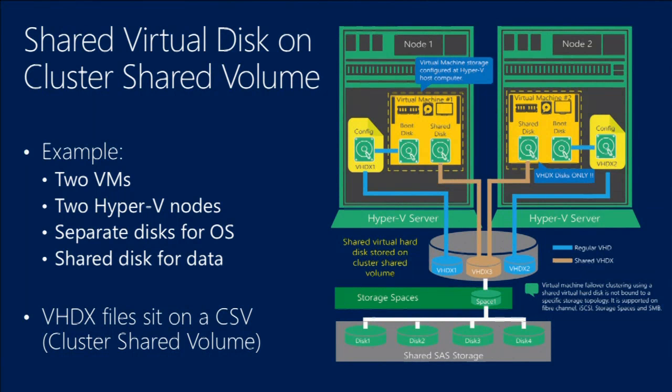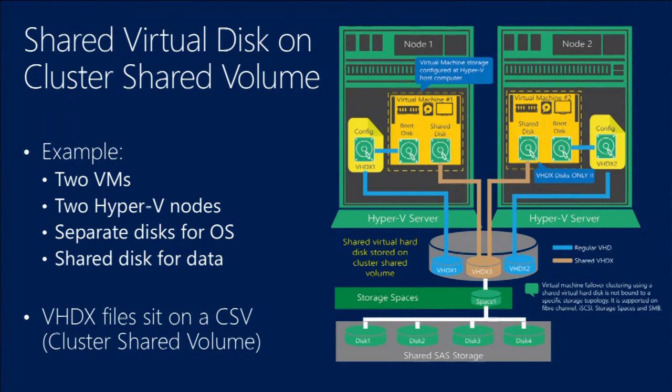So in small configurations, as I can probably explain very easily, you don't have that separation between your storage layer and your compute layer because you only have two hosts, right? So you use clustered Storage Spaces Direct with the Hyper-V host. That works fine. This is also a fair way to do it if, at the bottom here, instead of Storage Spaces, you had a Fibre Channel SAN, or an iSCSI SAN.